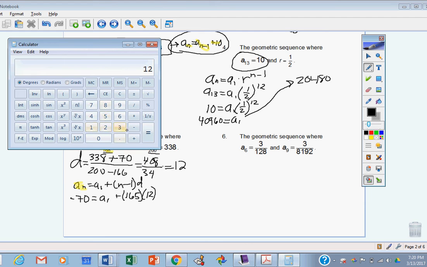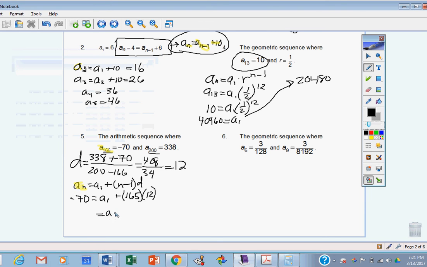I got negative 70, and I am going to add to that 165 times 12. Close off those parentheses and hit enter. So I got 1910.